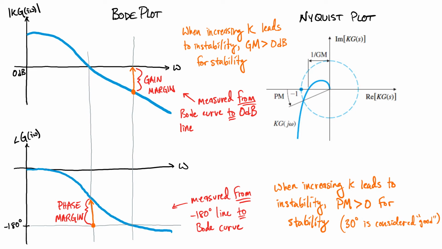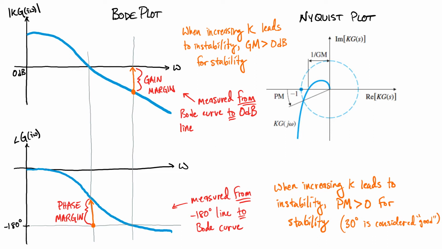We started this class talking about the motivation for frequency domain stability and identifying the gain and phase margins. It's interesting to then connect those gain and phase margins to the Nyquist plot as well. We're going to see how visually the gain and phase margins show up on the Nyquist plot.